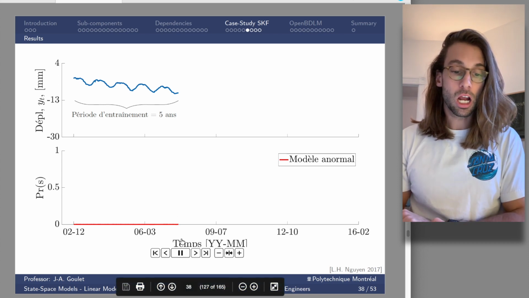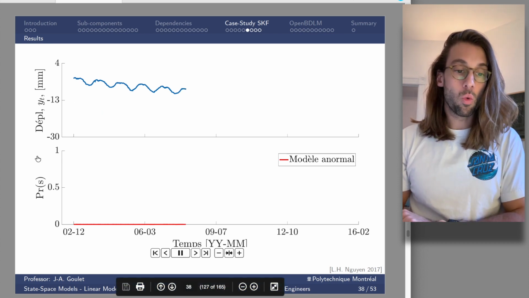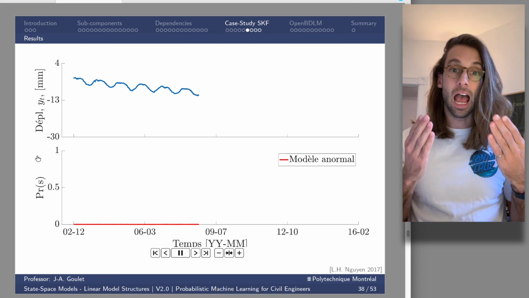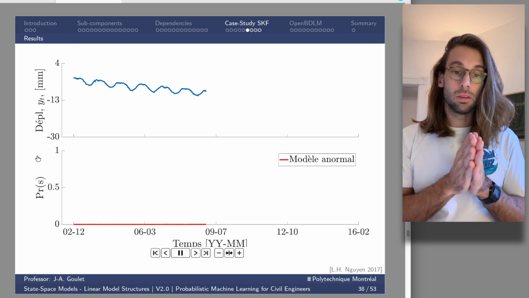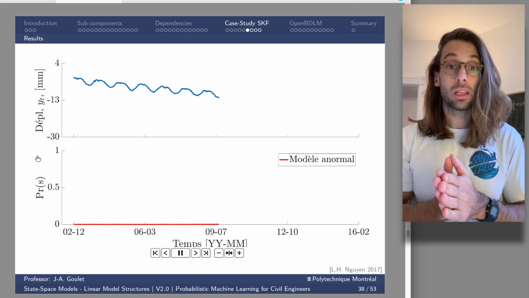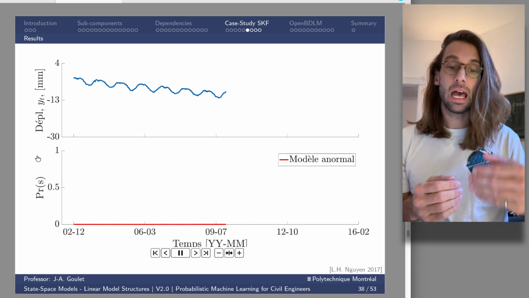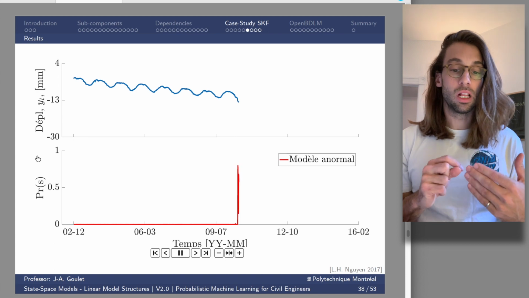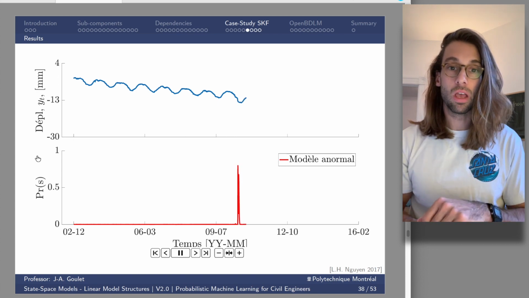I'm going to start the animation here, and I want you to tell me when you think the anomaly is coming in. This is the Kalman filter analyzing data in real time as data comes in. The probability for the abnormal regime is still very close to 0. You see that now we have a trigger.